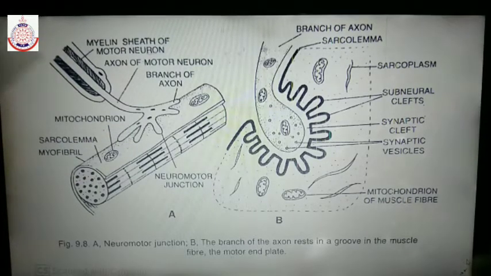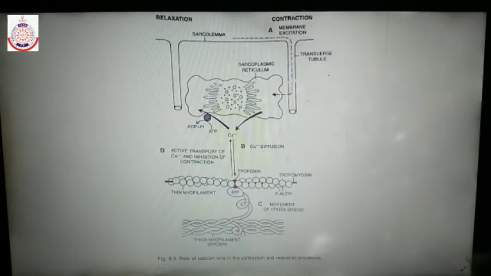Now this action potential spreads throughout the muscle cell. I told you earlier that acetylcholine changes the permeability of the sarcolemma.